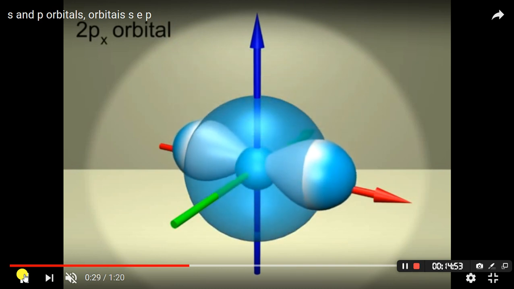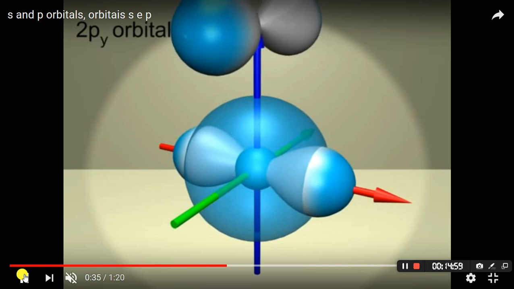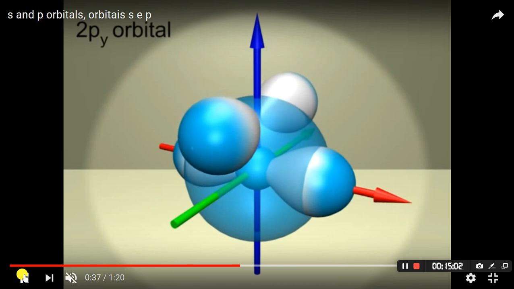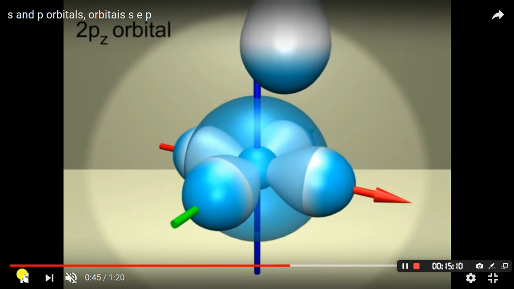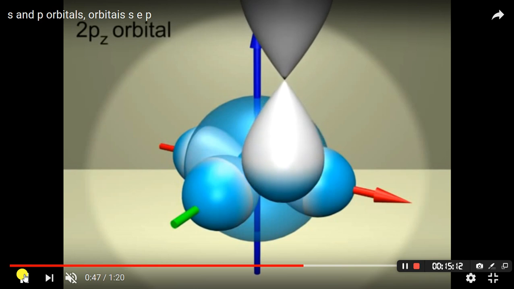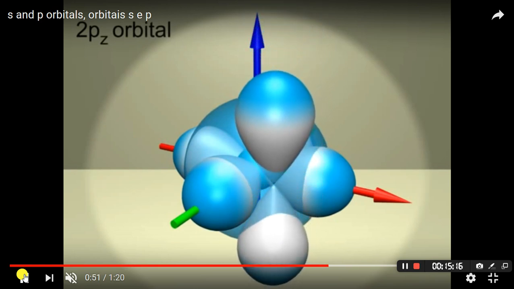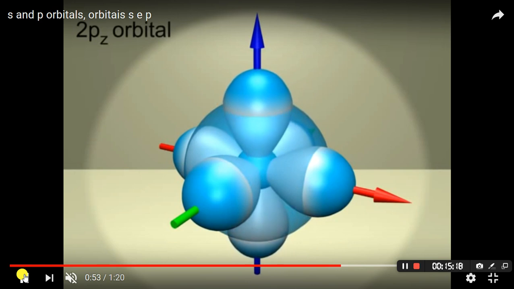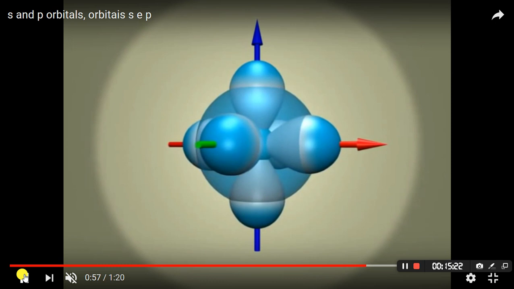The first one, I place on the red axis, which I can call the x-axis. Then the next one I place perpendicular to it in order to minimize repulsion. And the third one I will also place perpendicular to the other two, which is why I can give them the names Px, Py, and Pz, indicating that they're all perpendicular to each other.